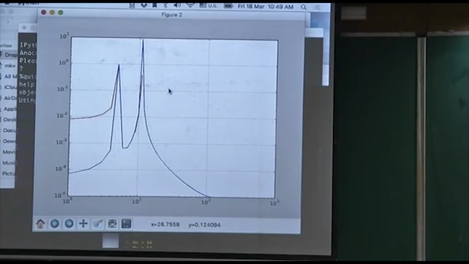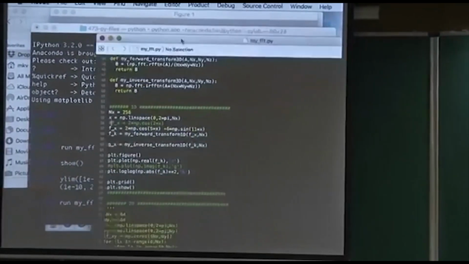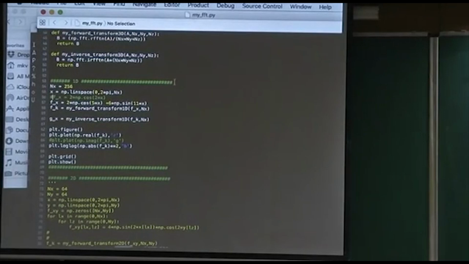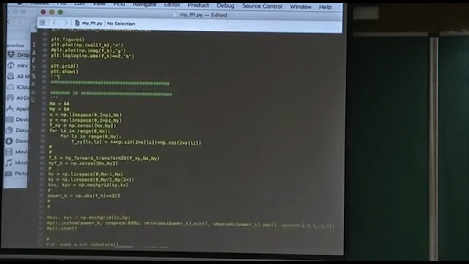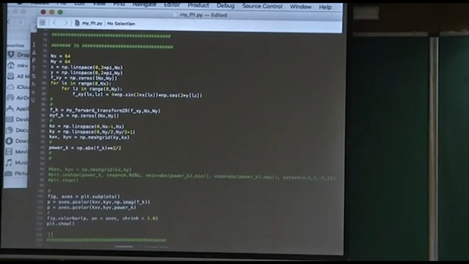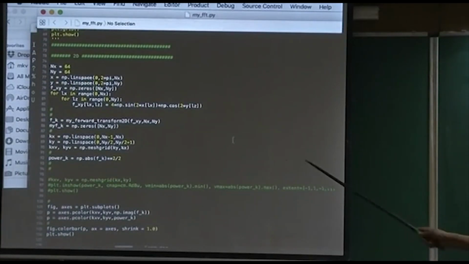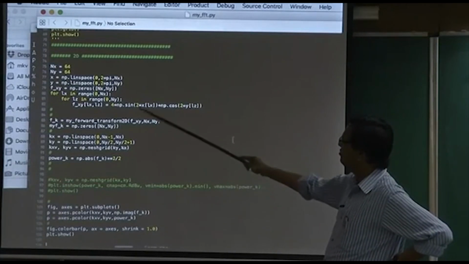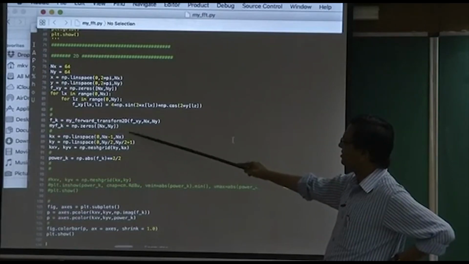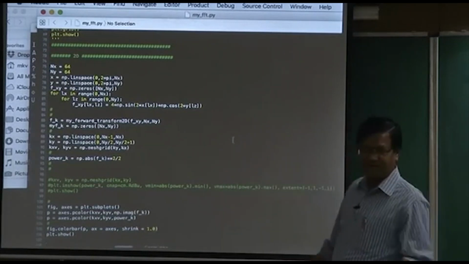So, this is 1D. Now we can also do it for 2D. The 2D program is set up here with sin 2x cos 2y, and we do 2D Fourier transforms, and it is shown as a pcolor plot.